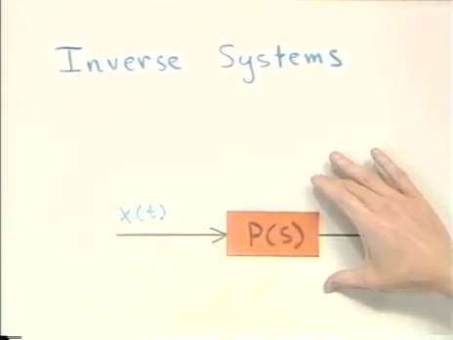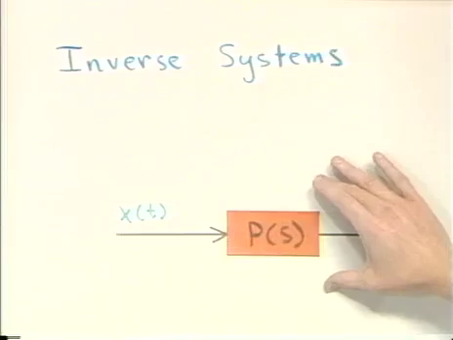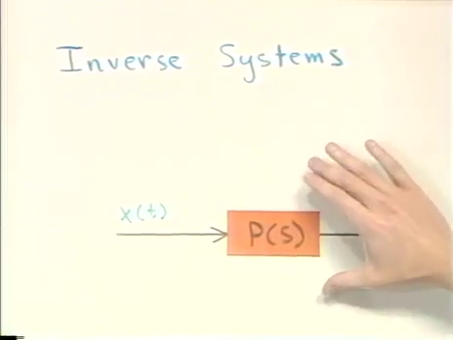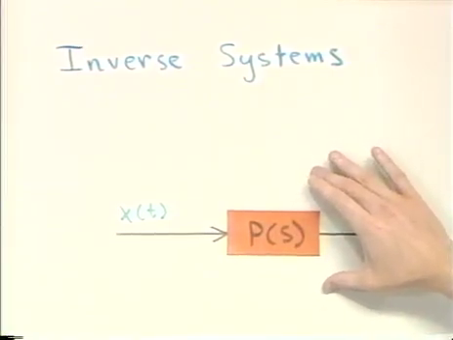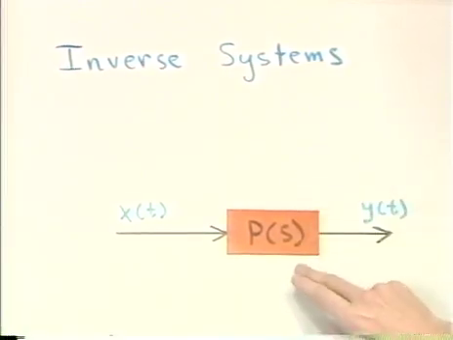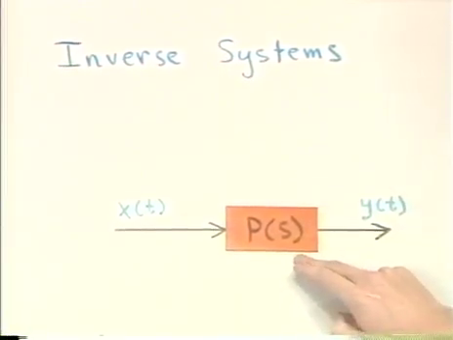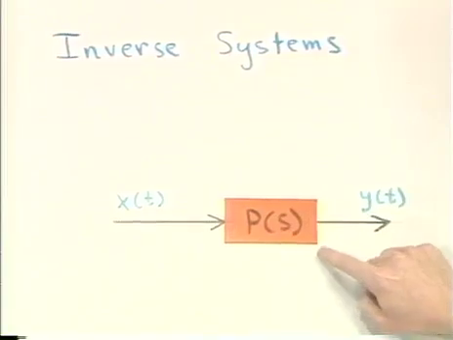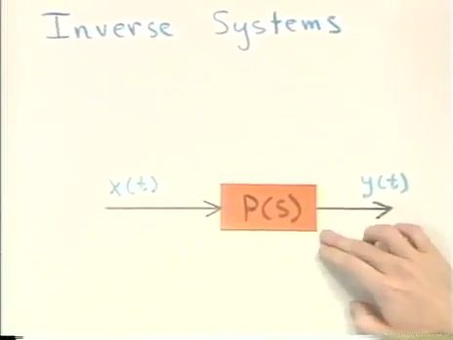For example, we may have measured a particular system and what we would like to design is a compensator for it. And the question is, by putting this in a feedback loop, can we, in fact, implement the inverse of this system?